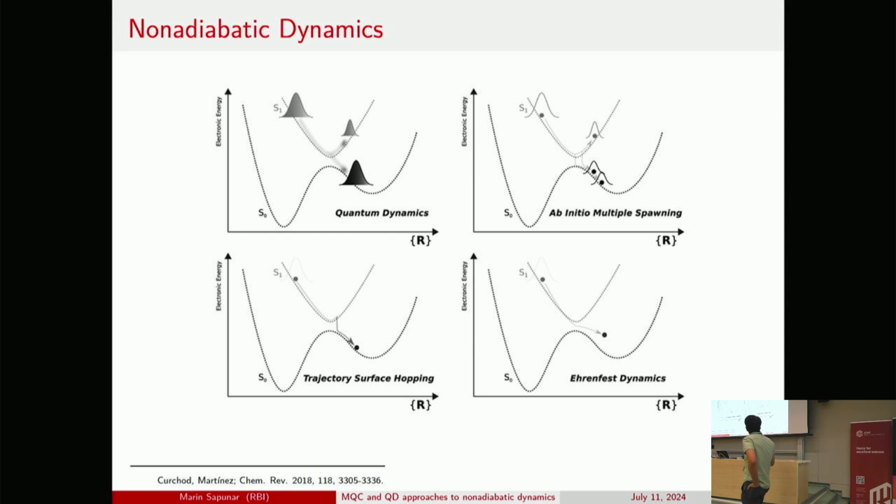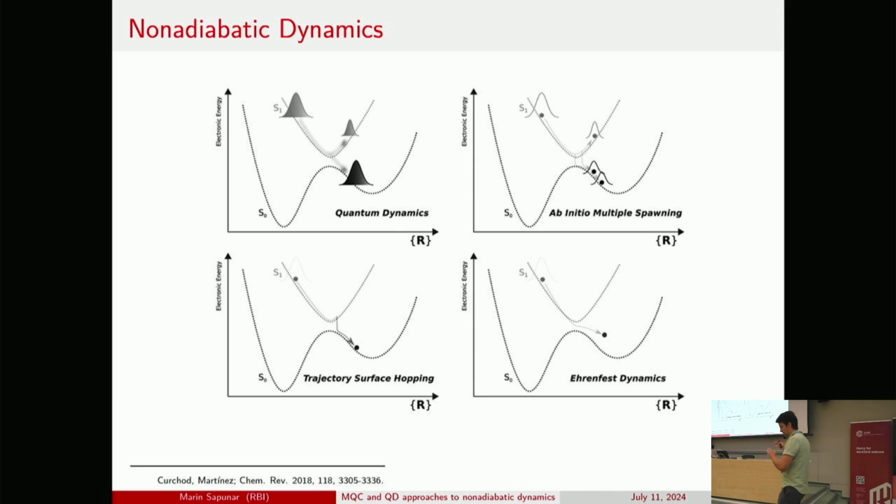And there are more different flavors of non-adiabatic dynamics. So you already heard a bit about these things. My area is trajectory surface hopping. So you can do full quantum dynamics, which is exact in some limits.